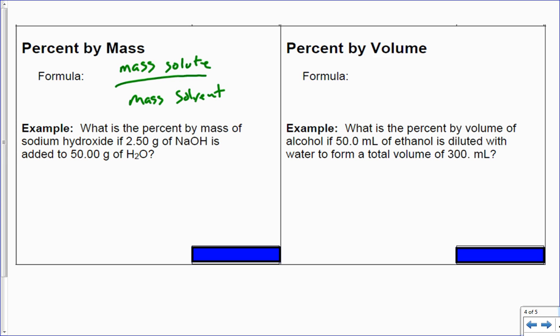Volume, again, percent is part over whole. So this is going to be volume of solute over volume of solvent. And of course, it is percent, right? So I have to multiply both of them by 100.